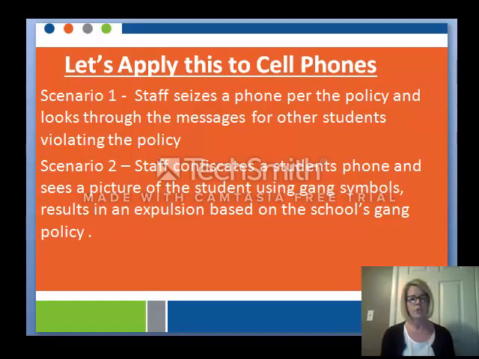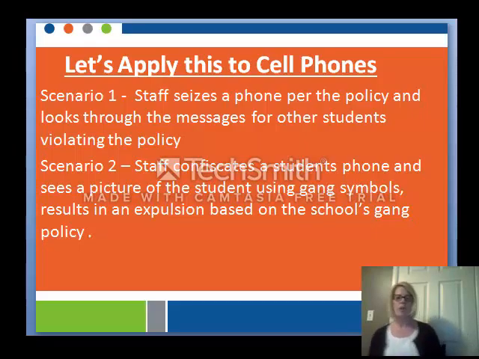So now let's get into how this applies to cell phones. Think about what we just heard as far as the reasonableness of inception, the reasonableness of scope, and students' right to privacy when it comes to Fourth Amendment search and seizure. The first scenario is that a staff member, let's say a teacher, seizes a phone from a student that they see text messaging, and this is in line with a school policy that students are not to have cell phones.